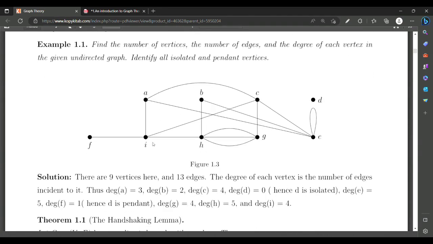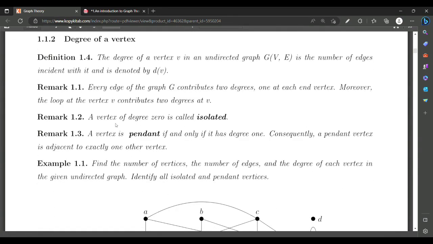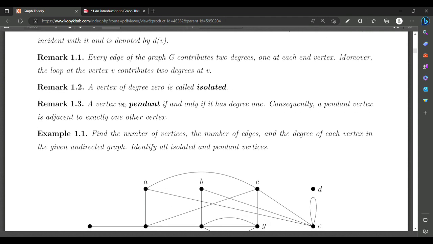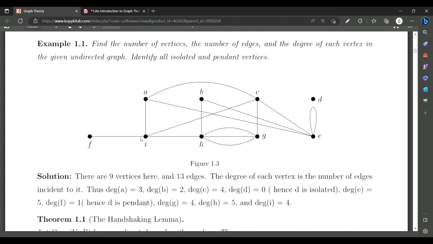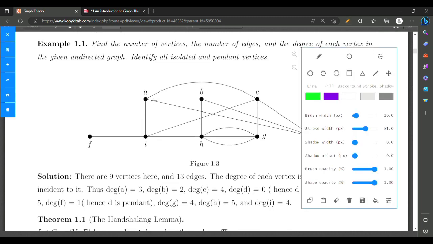Now we will see an example. What is called isolated? A vertex of degree 0 is called isolated. A vertex is pendant if and only if it has degree 1. Let us take this example. The degree of A is 1, 2, 3, so the degree of A is 3. The degree of B is 1, 2, only 2.